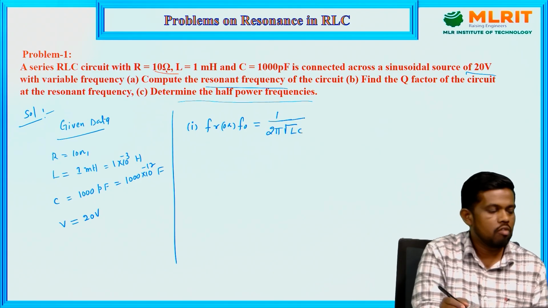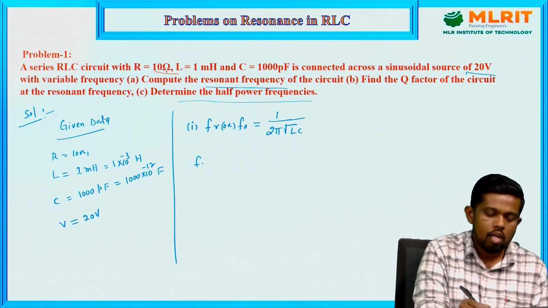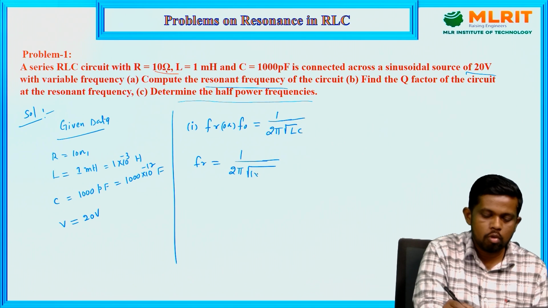In the last session we have derived that. So we need to substitute all our known values directly, then we will get the resonant frequency value. It is 2 pi into root of the L value, 1 into 10 power minus 3, then the C value, 1000 into 10 power minus 12.